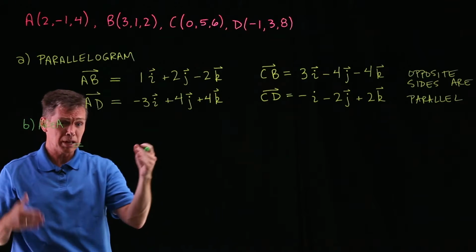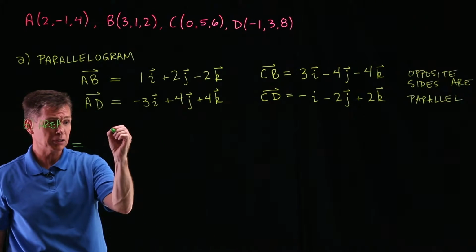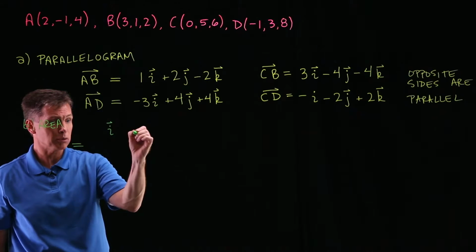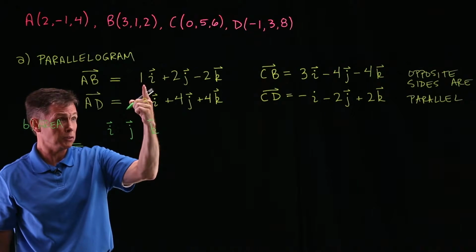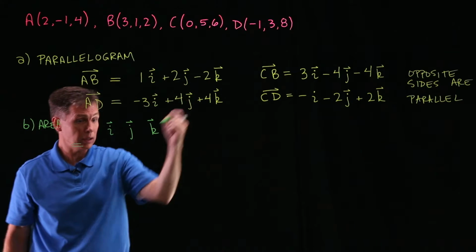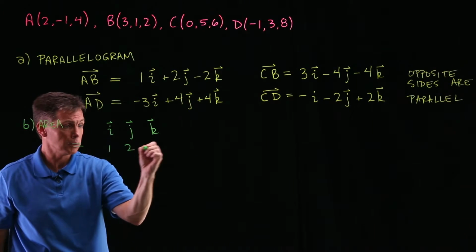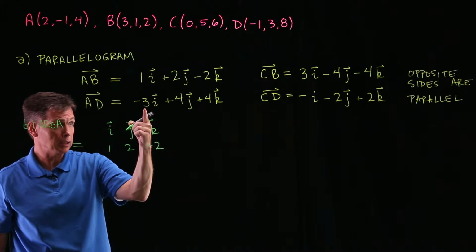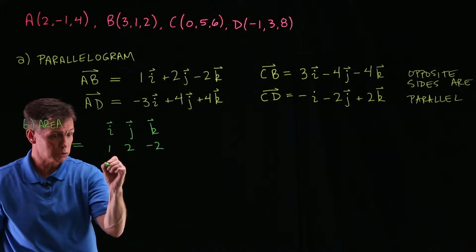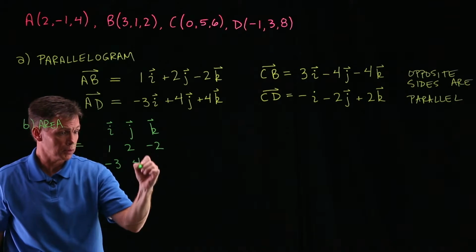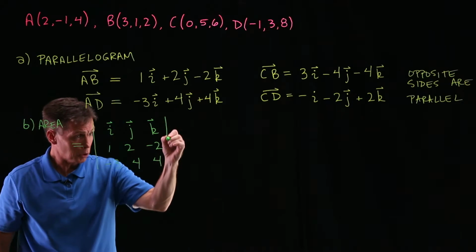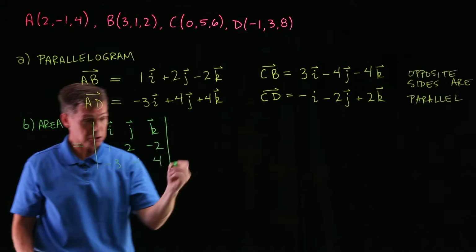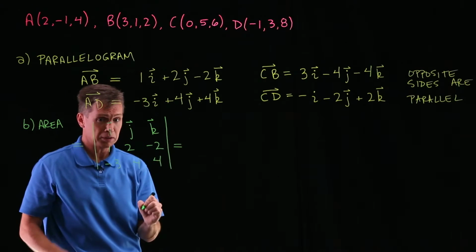As I throw them into that determinant form to find the cross product, top row is I, J, K. Second row will be 1, 2, negative 2. Third row will be minus 3, 4, 4. Just grabbing components. Okay, and then use your cofactor expansion approach to evaluate this.